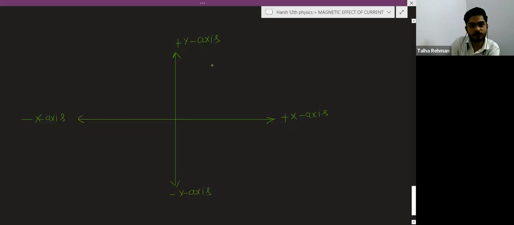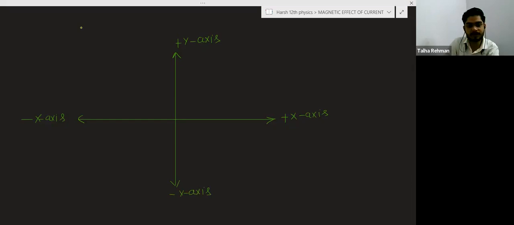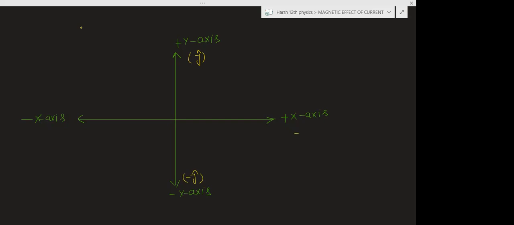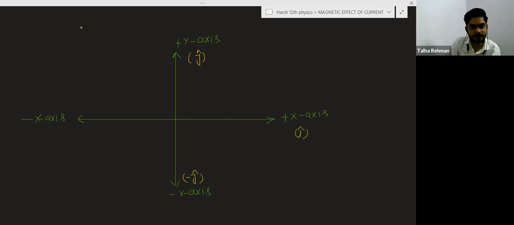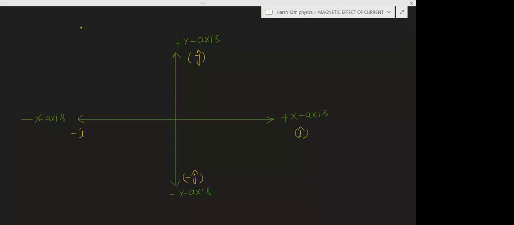And one thing more you should know: in this direction the unit vector is j cap, in this direction the unit vector is minus j cap, in this direction the unit vector is i cap, and in the opposite direction it is minus i cap.